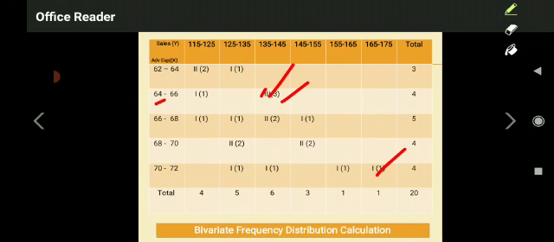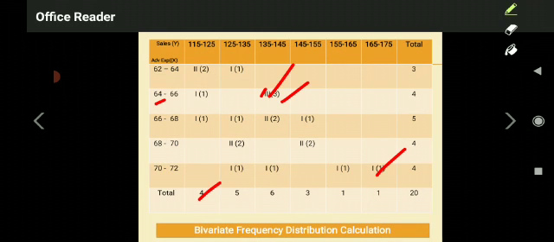Between 115 to 125 and 62 to 64, 64 to 66 and 66 to 68, how many observations are there? There are 4. Each two observations are counted as 1 over there. That you have to understand.